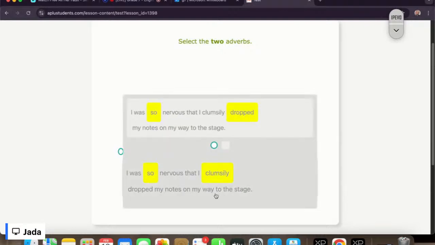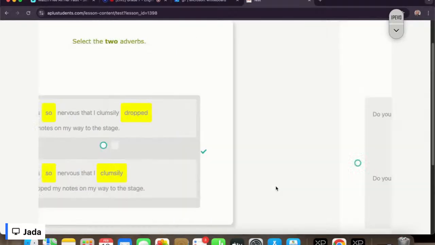Okay, so I also noticed that I clumsily dropped my notes on my way to the stage.